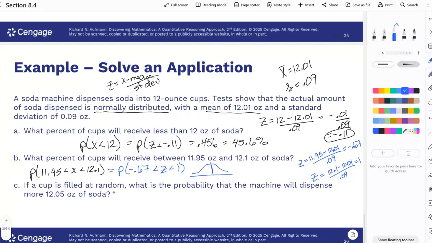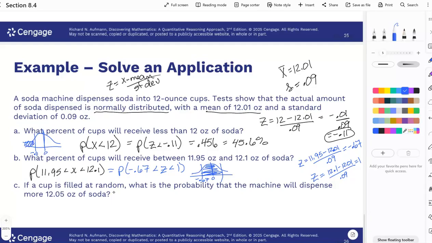Okay, so a graph, 0 would be in the middle. Negative 0.67 is here, 1 is here. I'm looking for that area under the curve. With that last one, it was a less than problem. Here's 0, and my z-score was negative 0.11, and I'm shading to the left of that.